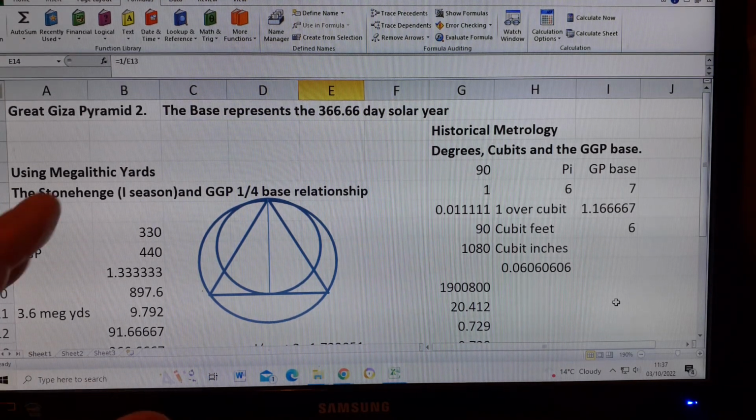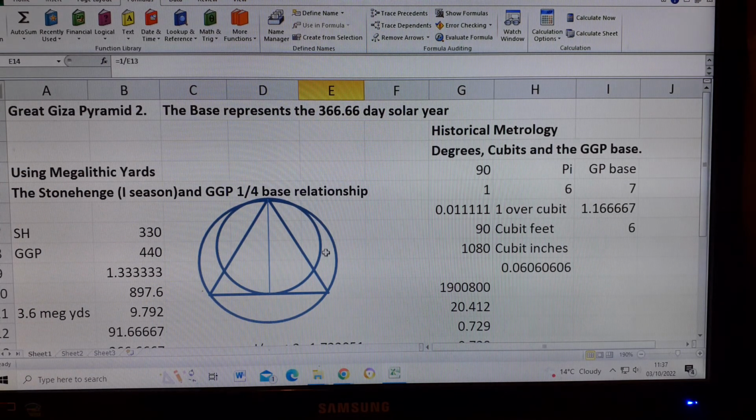Just one final point. That's 1 megalithic yard, when you know this length here is 1 foot. And when that's 1 foot, this circumference here is 4/3 megalithic yards. They knew it. They could draw that diagram anywhere on the ground.